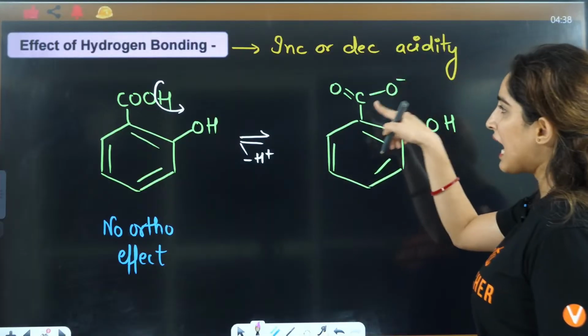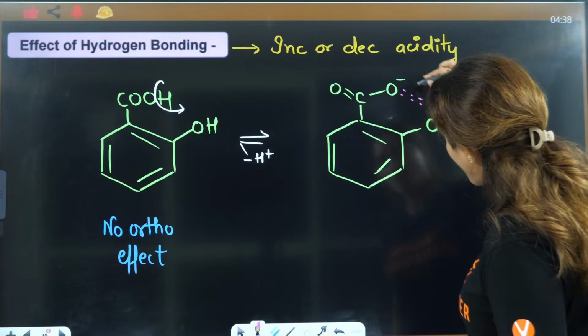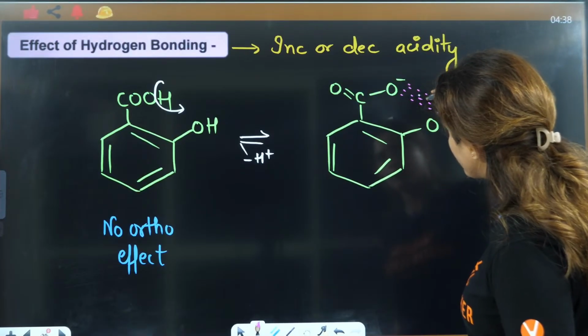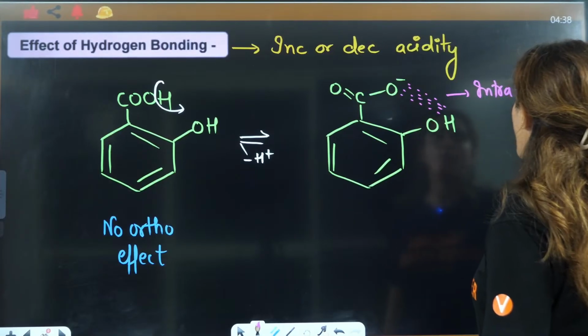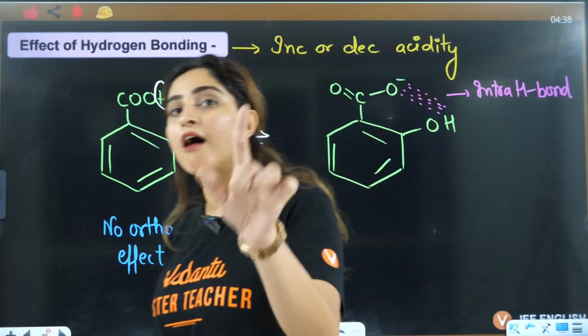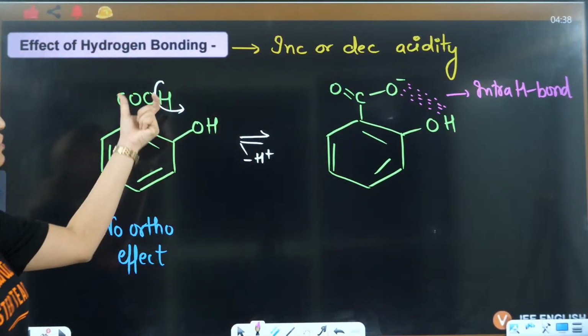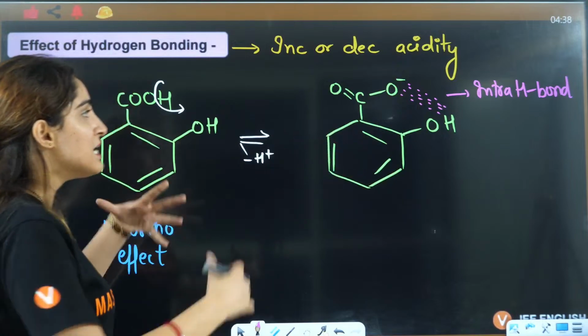Now, can you see, after removing the H positive, you have the formation of very good hydrogen bonding. So this is intra-hydrogen bond. That means after losing this H positive, you have the formation of intra-hydrogen bonding, right?